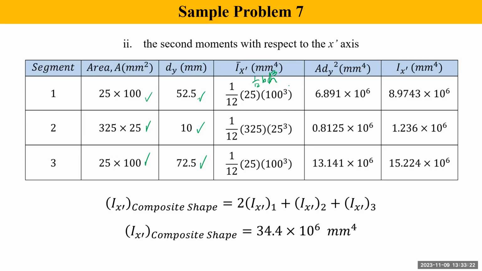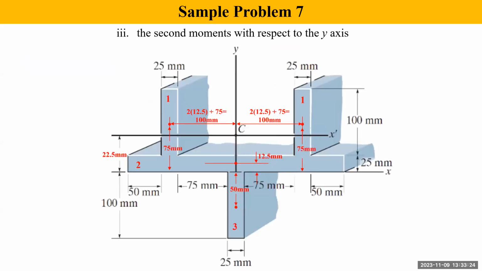The next one, this big one here, is segment 2, running all the way here. Segment 2 is all of this. For segment 2, your breadth is 600, I think, and your height is 25. And for the third one, your breadth would be 25 and your height is 100.